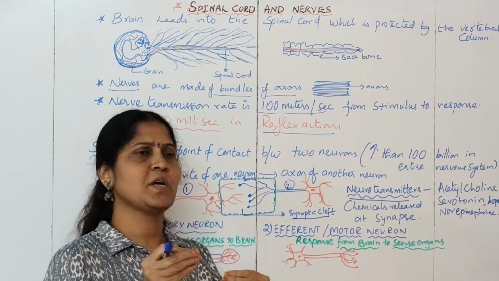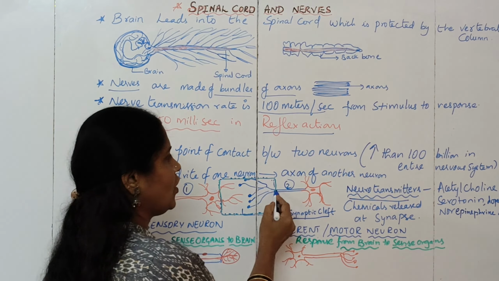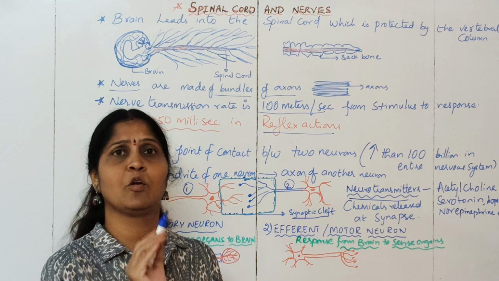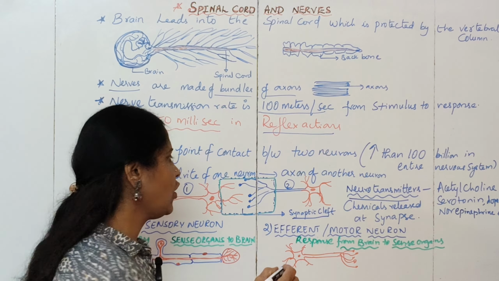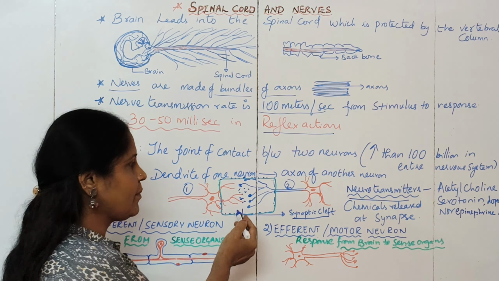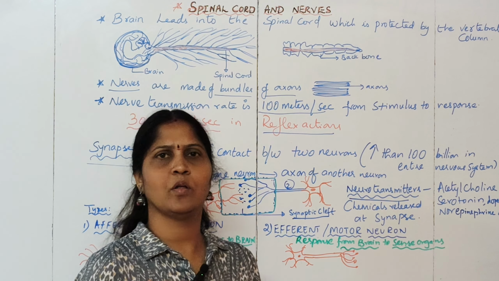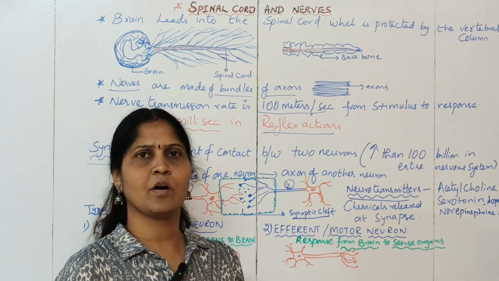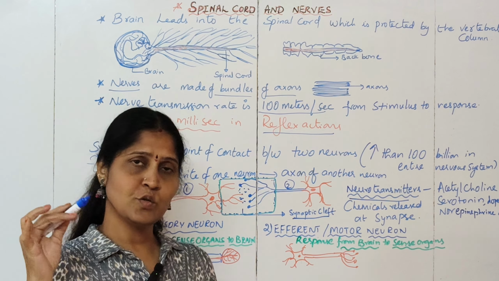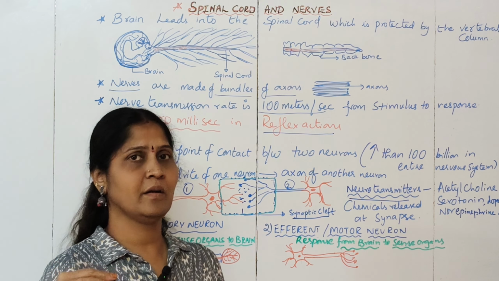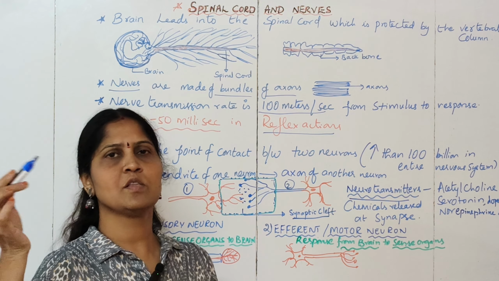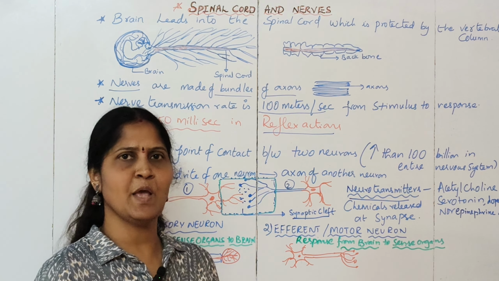Some chemicals will be generated which will be passed all along the nerve fiber. They'll go to the nerve terminals or the synaptic knobs there. These chemicals will all be released in the synaptic cleft, and these chemicals will be picked up by another neuron. So the neurons are not in direct contact, but the chemicals will be passed from one neuron to another neuron, so that the impulse will get transmitted from one neuron to another neuron till it reaches brain, and also the response will be generated in the same pattern.